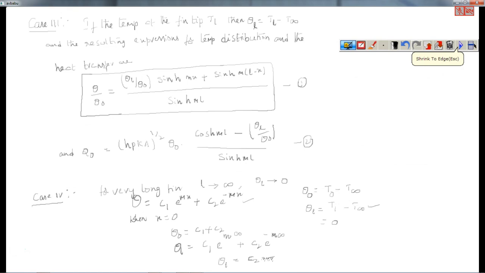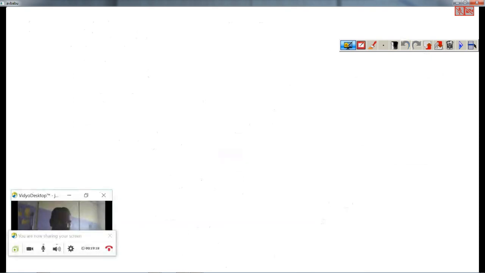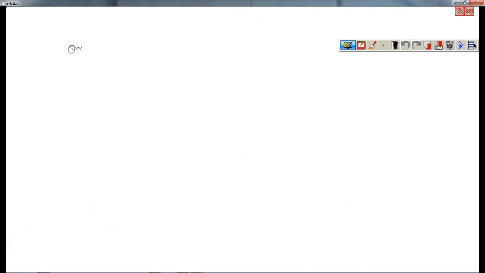Alright, now I'll go to the next step, where the generalized equation would become theta equals, what is the general equation? C1 e to the power of mx plus C2 e to the power of minus mx.